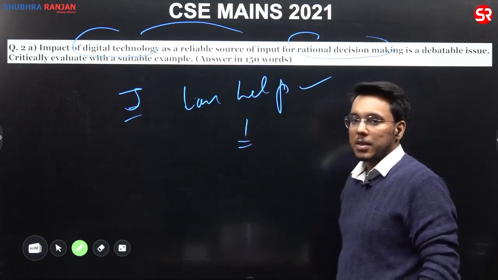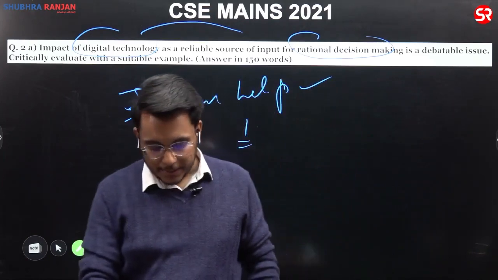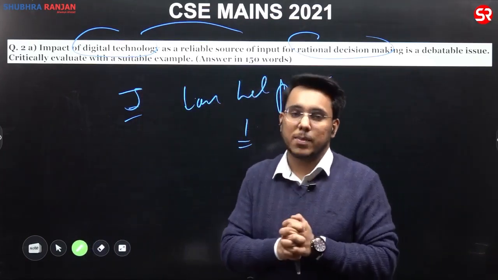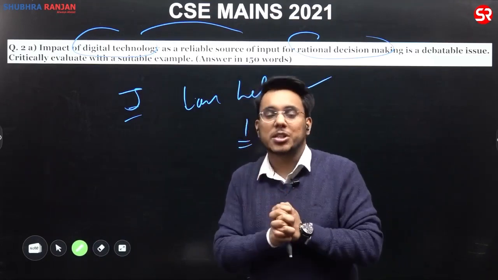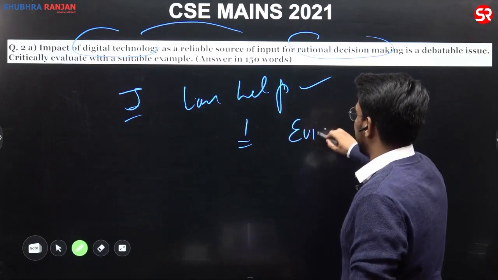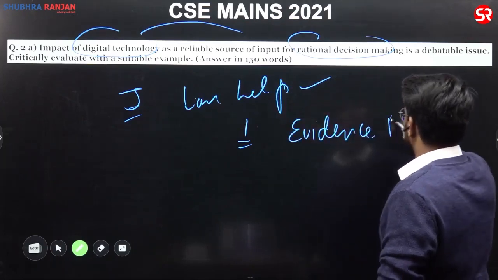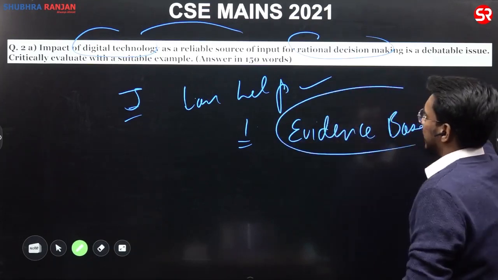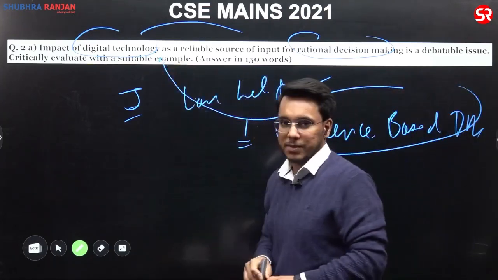Number one justification. See, today if we talk about rational decision making, the digital technologies can help in a particular way. What has happened? Evidence-based decision making can be taken with the help of the digital technologies.